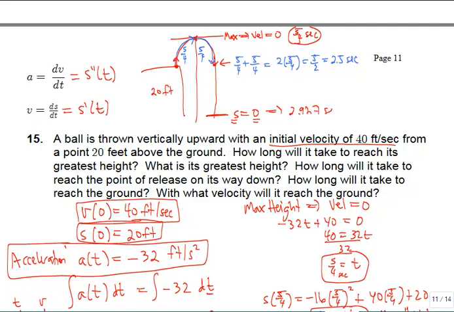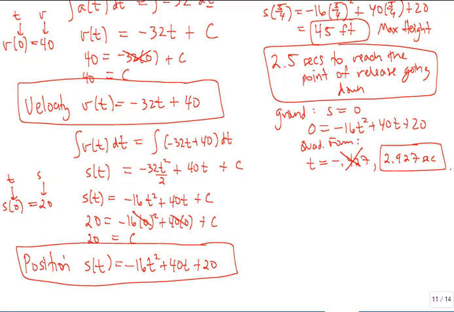All right, the last question here is, with what velocity will it reach the ground? So how fast is it going when it slams into the ground down here? That's asking about a velocity. So we want to use our velocity function, and we want to find that velocity at this time, because that's the time when it's on the ground. So for the last question, we're just plugging 2.927 into that velocity function.